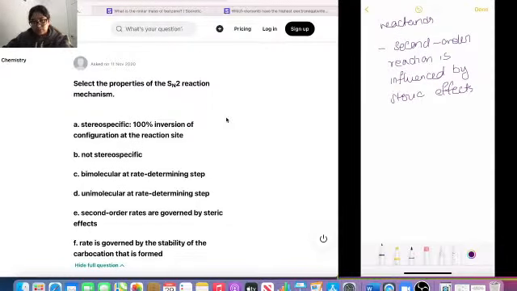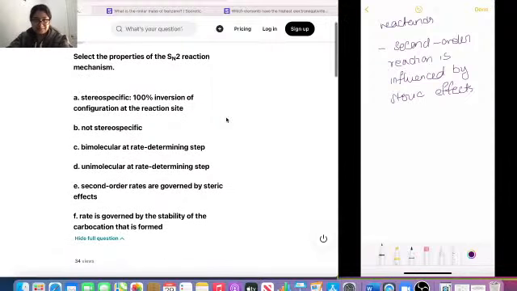And so you can say that, in the given options here, A is stereospecific, where there's an inversion of the configuration of the reaction site, right? So it's inverted, so it's basically the opposite configuration. So A is one of them, so therefore, I'm just gonna write first thing out, therefore A. So let's see B, not stereospecific, this is wrong, it is stereospecific.